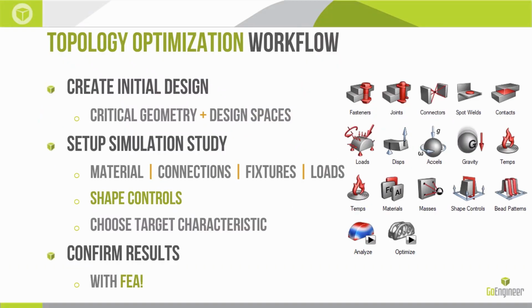So we do end up iterating a little bit because we end up with a resultant shape, we confirm it with FEA, and then based on those confirmations, we don't really make design changes. All we do is we go back and we adjust our goals. So if I found that, at 70% reduction, my factor of safety is 0.5, well, I'm going to go back and I'm going to change my goal to maybe 50%.